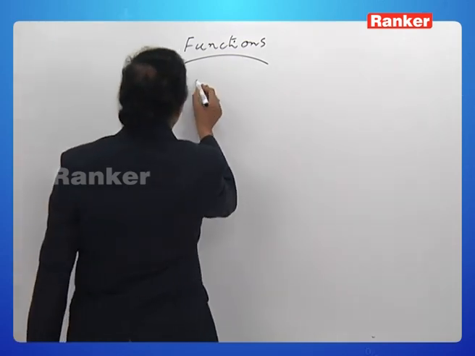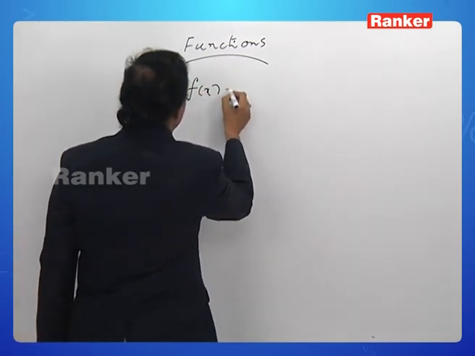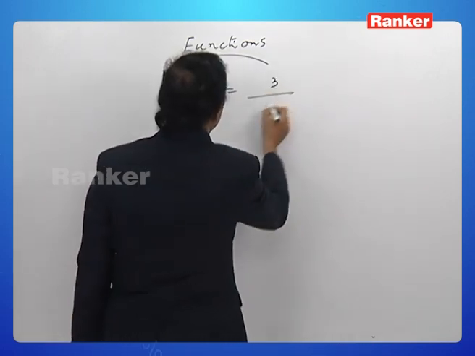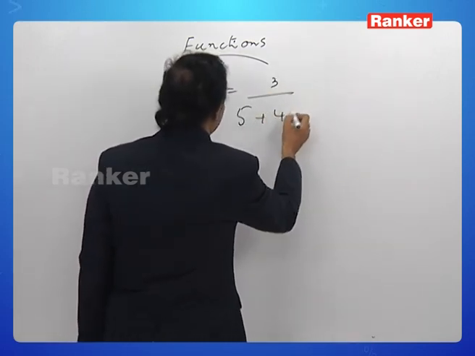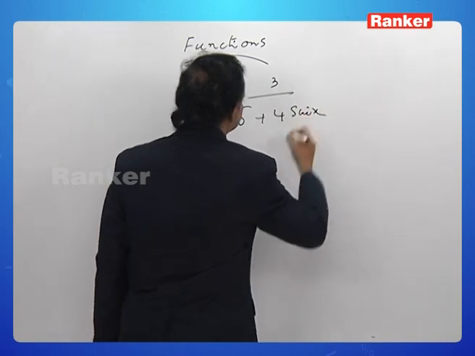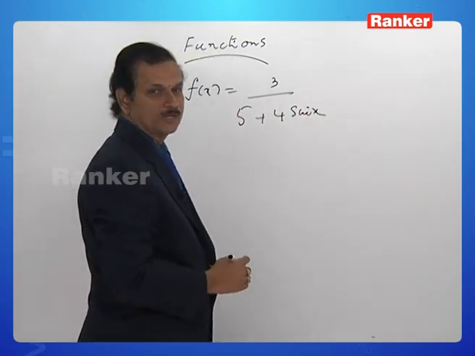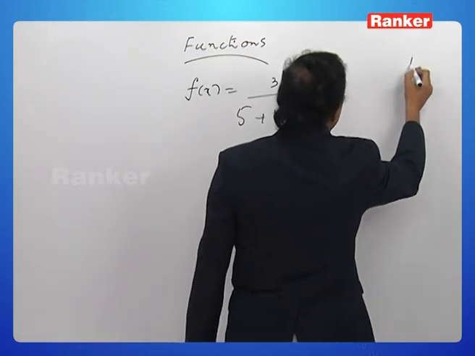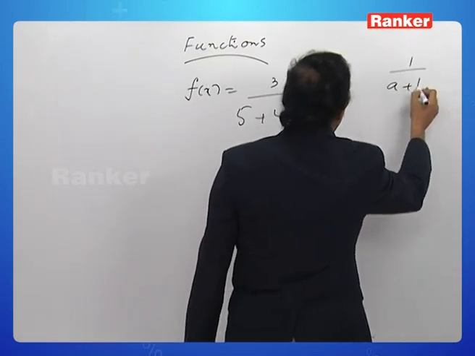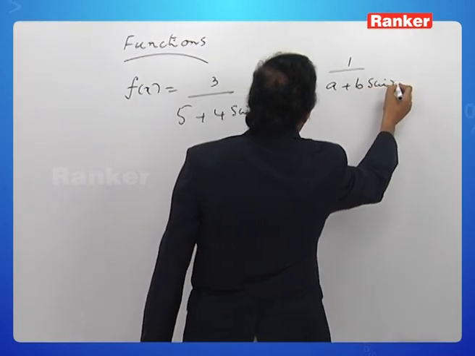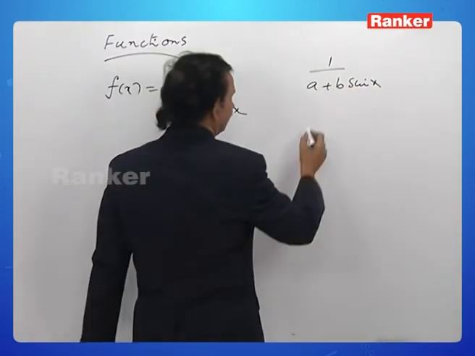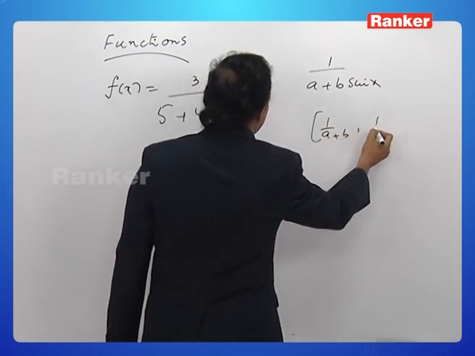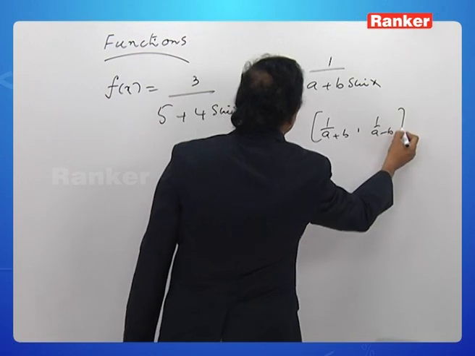What is f of x? 3 by 5 plus 4 sin x. Let us recall that range of the function 1 by a plus b sin x, whenever a greater than b, is 1 by a plus b to 1 by a minus b.